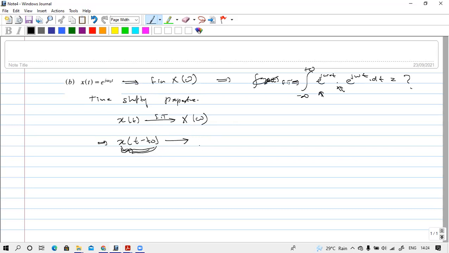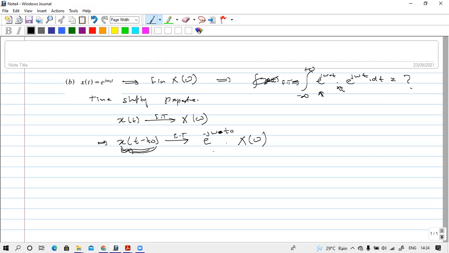The time shifting property says that the Fourier transform of this shifted signal x(t minus t naught) is equal to e to the power minus j omega t naught times X(omega).